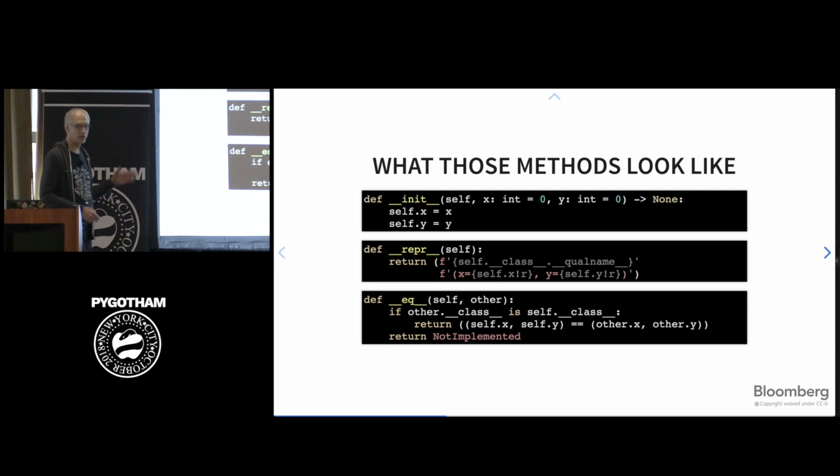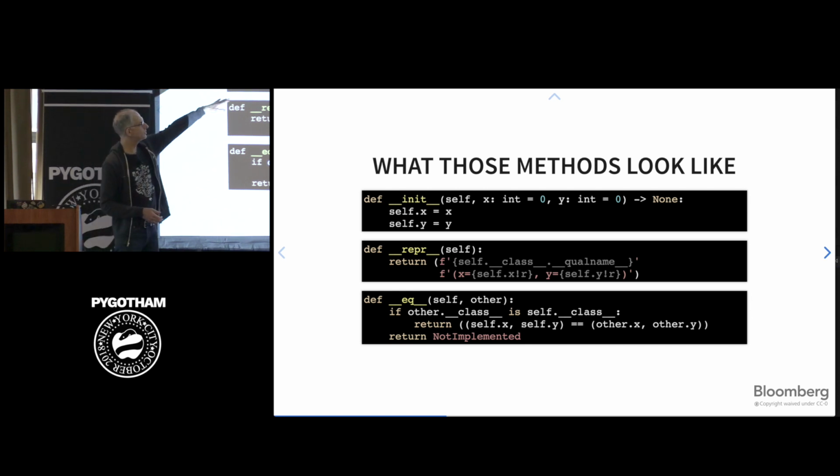Here's what, for that point class, the generated code basically looks like. And it's what you would write if you were implementing this class fully yourself. So I have my two attributes. I'm setting those on the object.